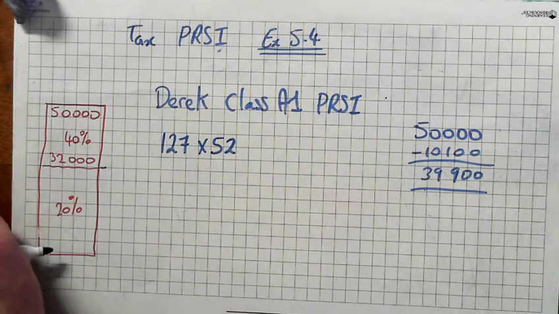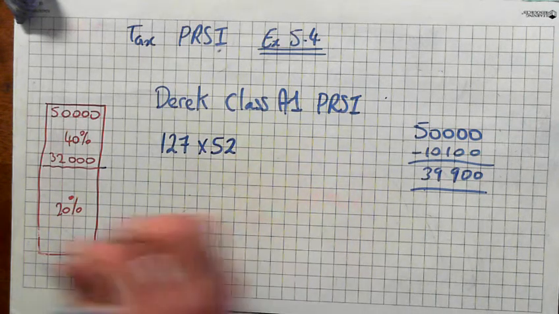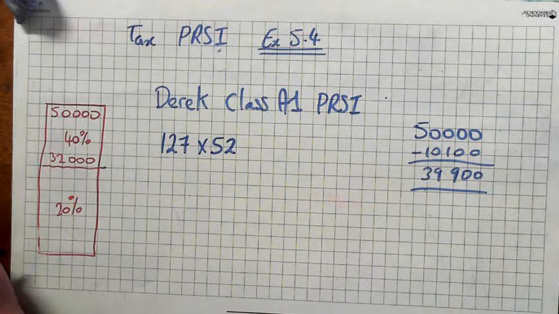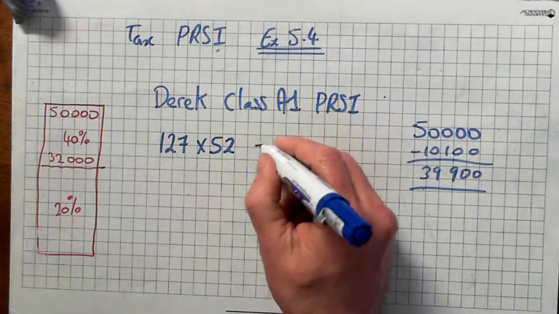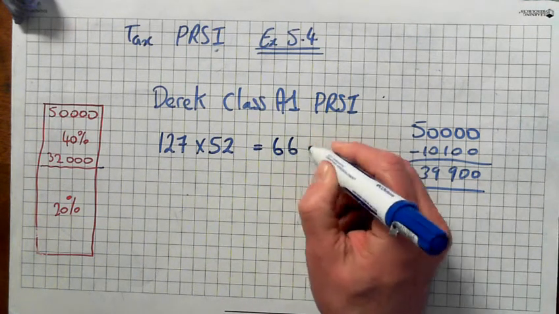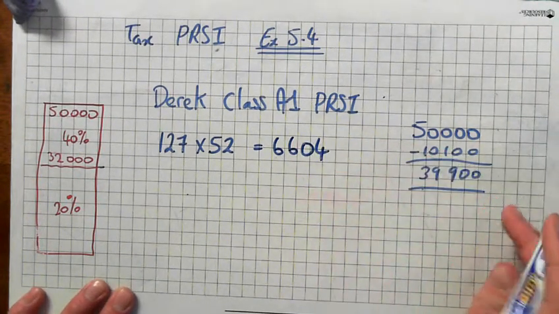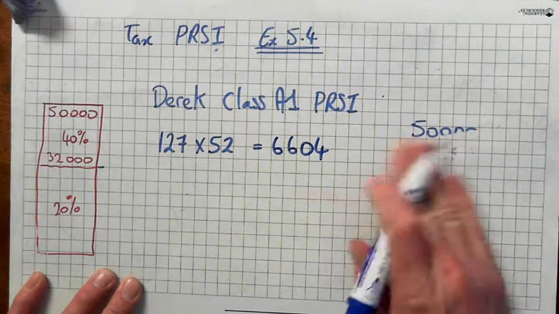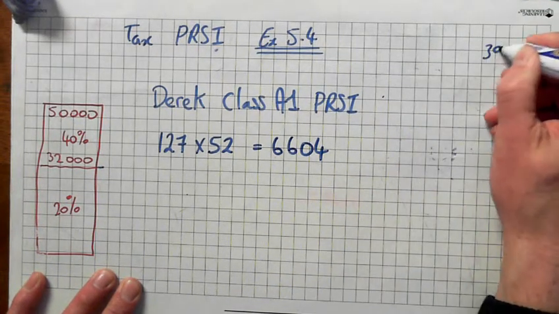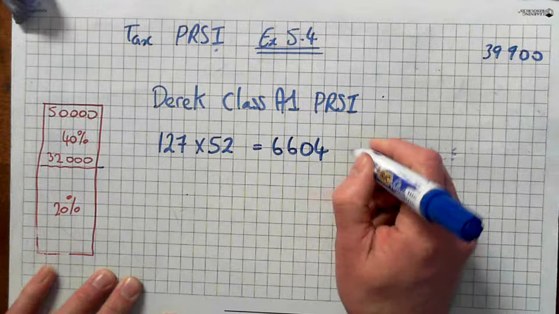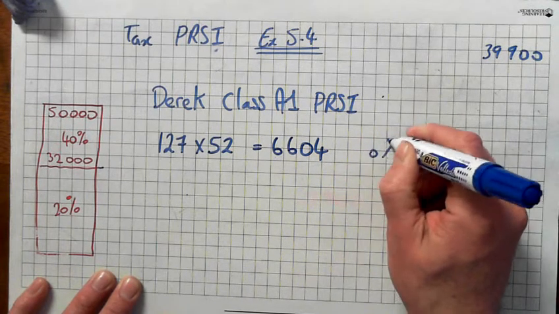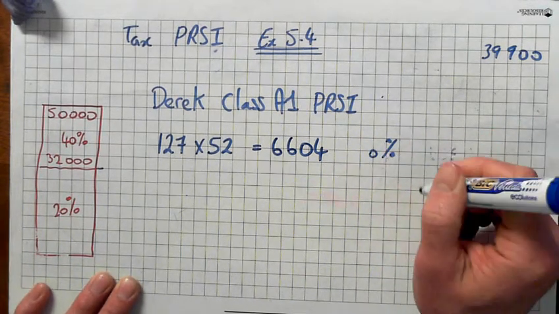So 127 times 52 is 6,604. Alright, so he pays 0% PRSI on that. So he pays no PRSI tax.